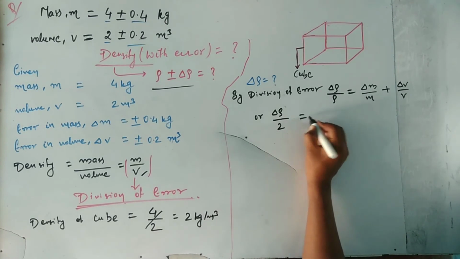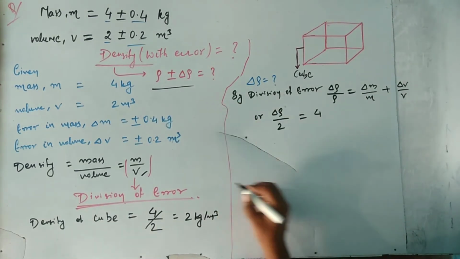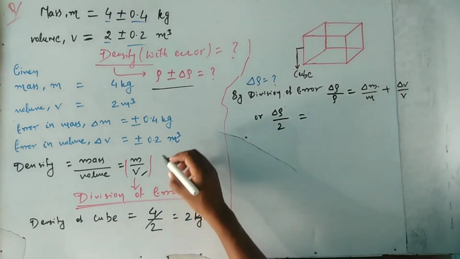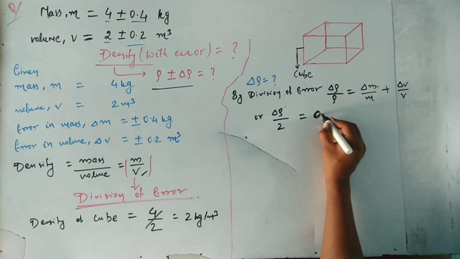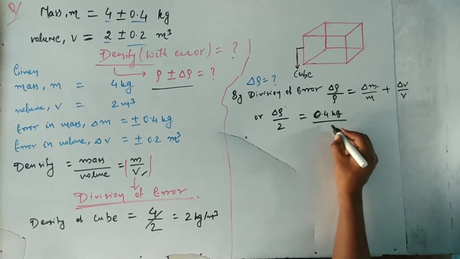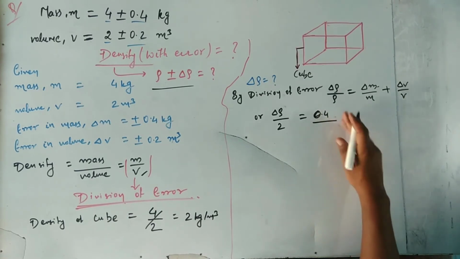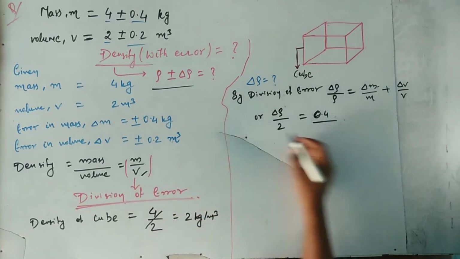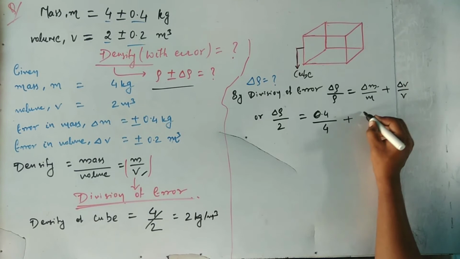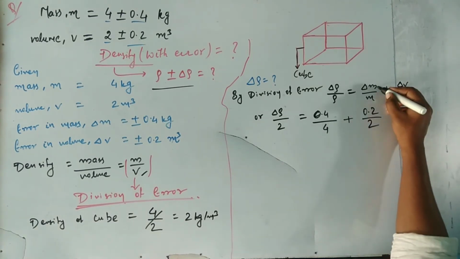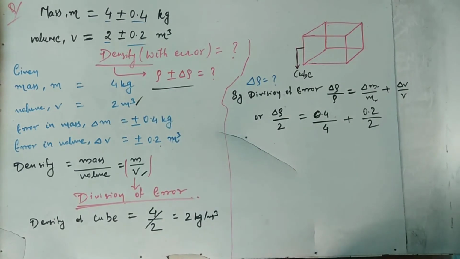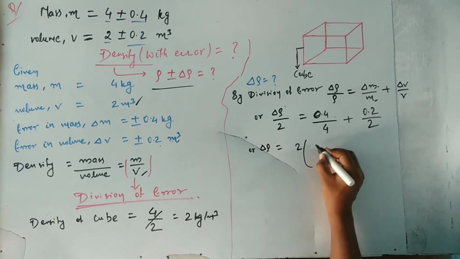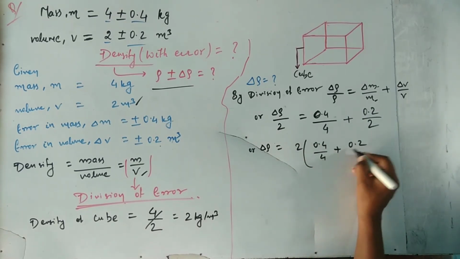So del rho by 2 is equal to del m, which is 0.4, not 4, 0.4 kg. You can write the unit or leave it. So 0.4 divided by m, which is 4, plus del v, which is 0.2, divided by 2. So del rho is equal to 2 into 0.4 by 4 plus 0.2 by 2.